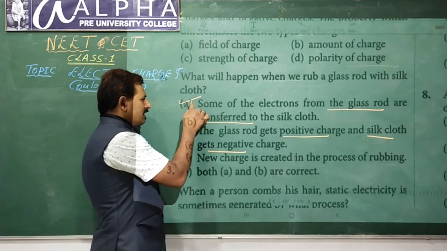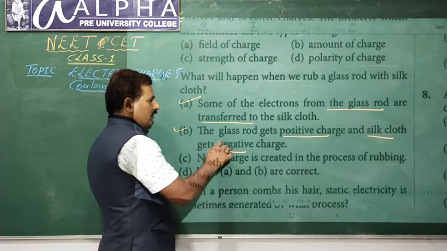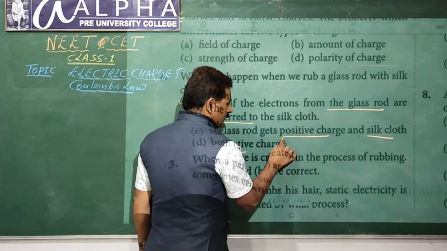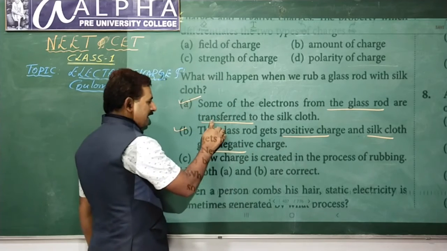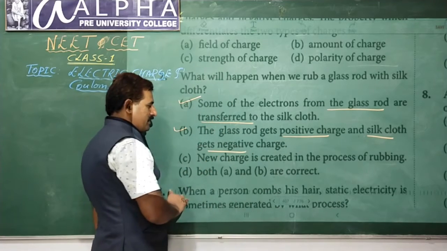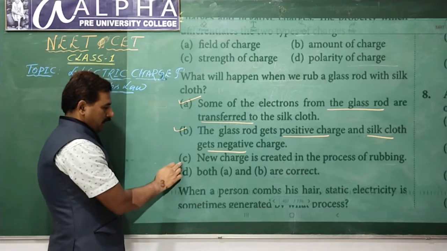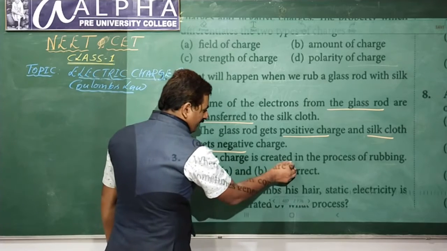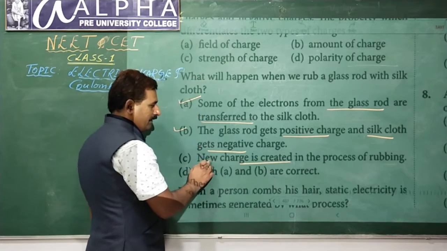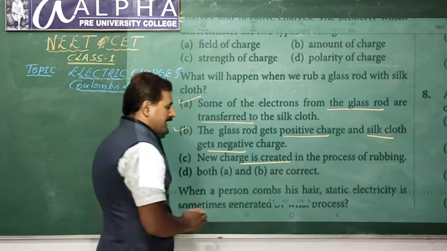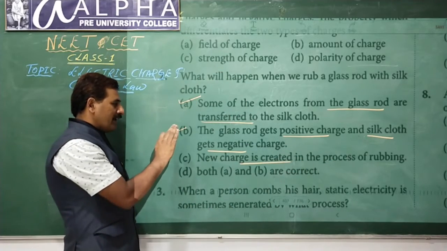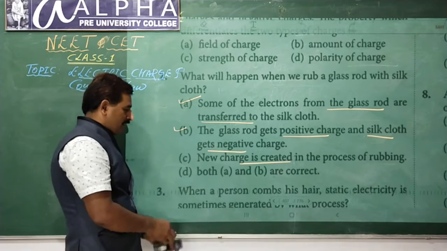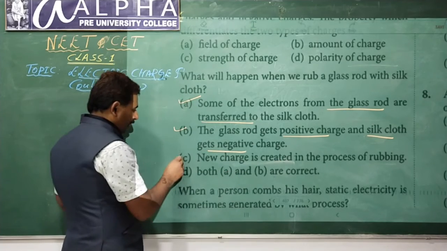Yes, this is also correct, because the glass rod loses electrons and gets positive charge, and silk gains electrons, that's why it gets negative charge. These two are correct. What about the third one? New charge is created. Creation is not explained here. Charges are neither created nor destroyed, they only get transferred from one body to another. Therefore, this is the wrong one.